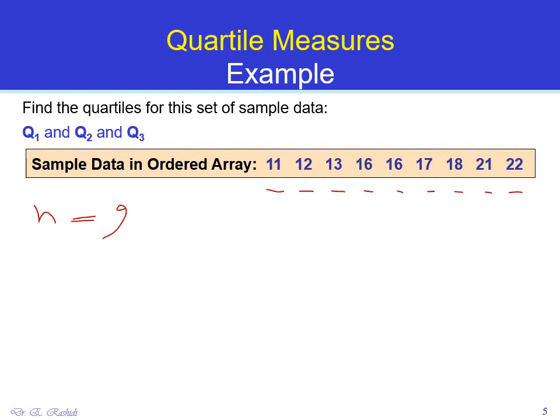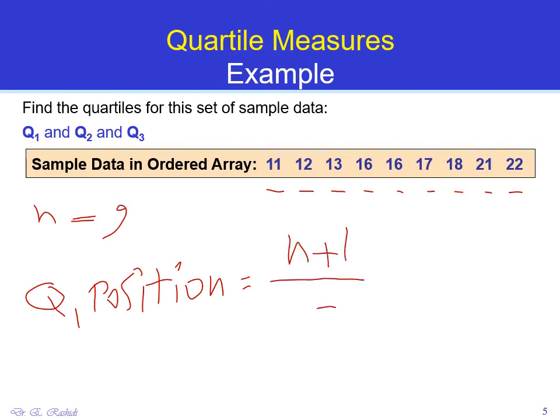The data is already ordered, so we can find the position for Q1. What was the formula? It was n plus 1 divided by 4. n is 9, so that would be 10 divided by 4, which is 2.5. So we have a half number here, 2.5.